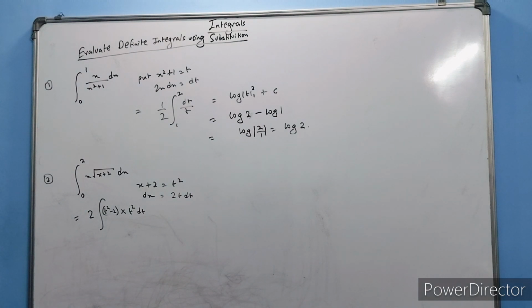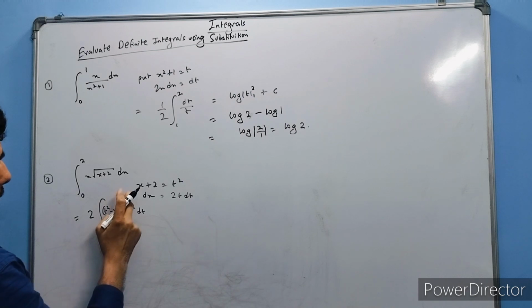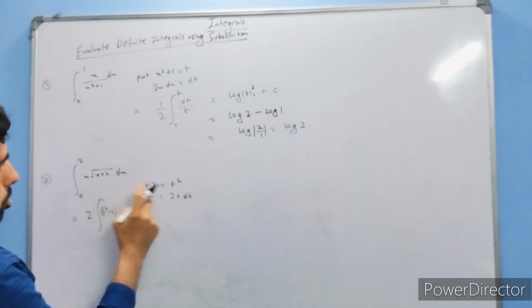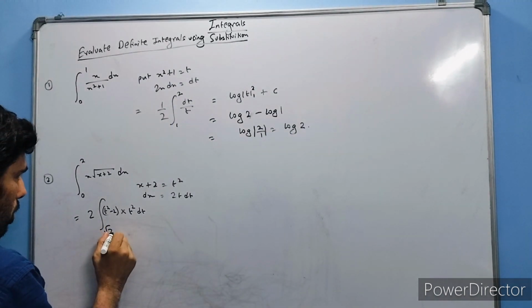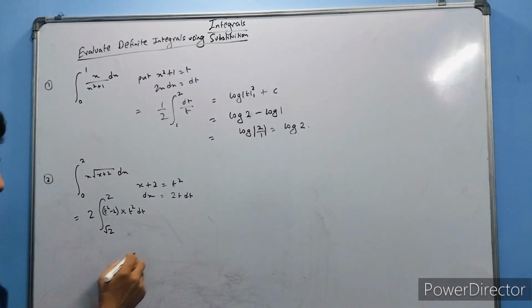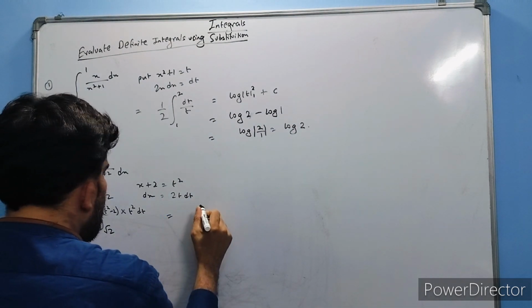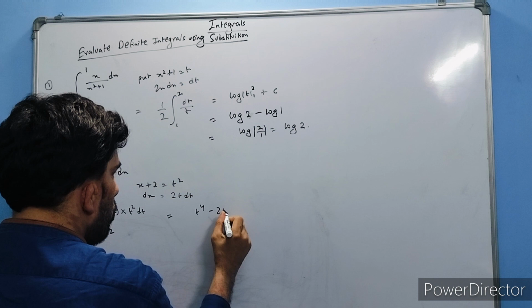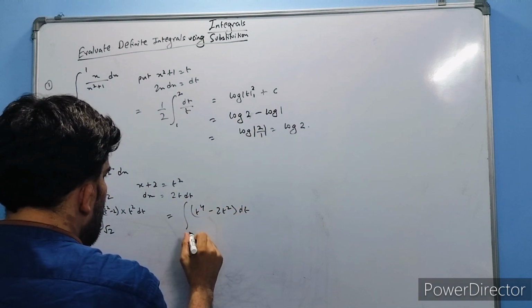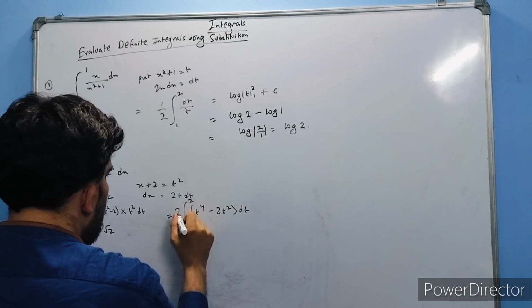Okay, so here, and the limits will also change. If I put x equal to 0, t will be root 2. If I put x equal to 2, t will be 2. Okay, so now we'll integrate first. It is t to the power 4 minus 2t square dt, from root 2 to 2.